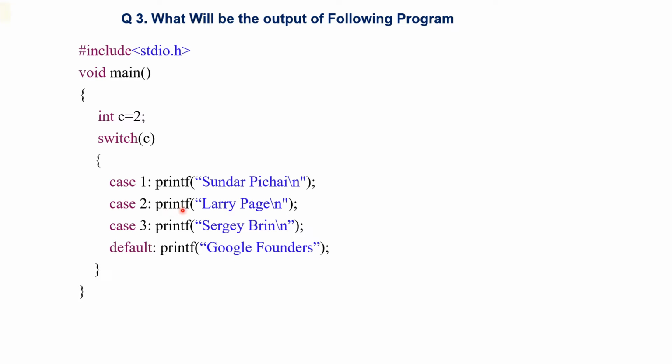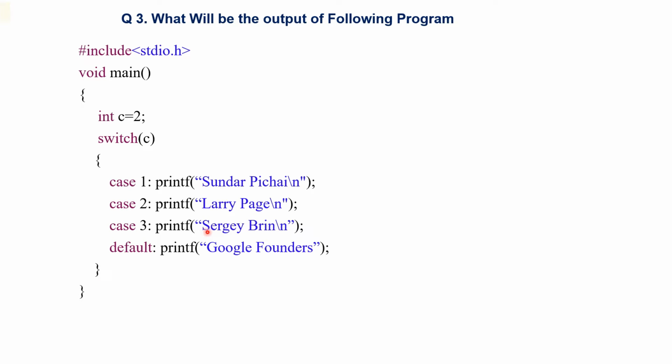So with this statement, the string Larry Page will be displayed. But here there is no break statement. As there is no break statement, control will not go out of the switch statement, and it will execute the next cases also. After executing this printf function, control will transfer to the next case and it will print the next string also.